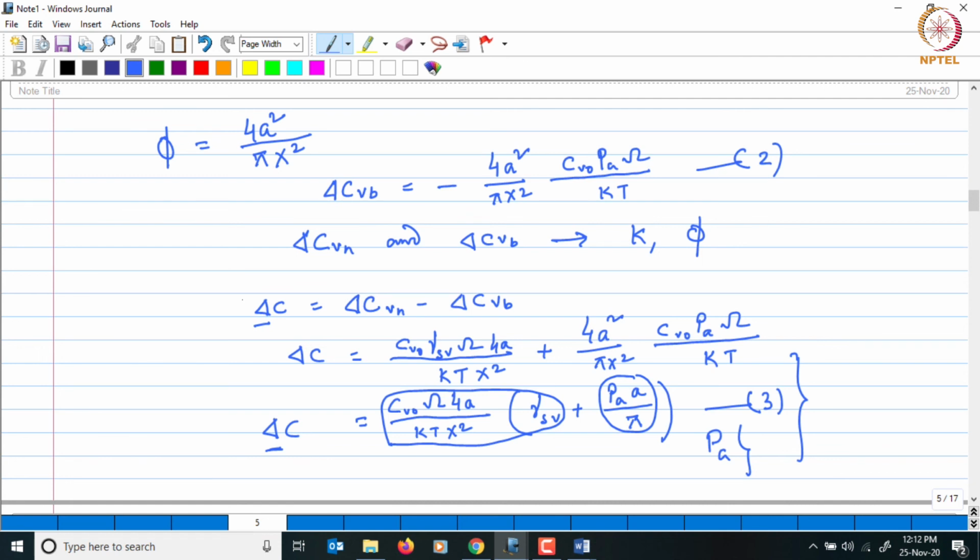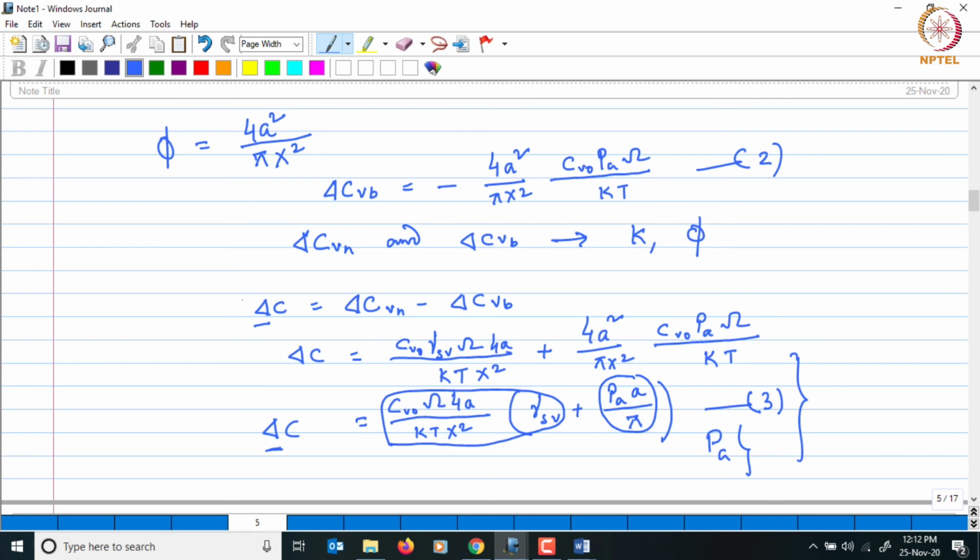And that is how the densification is enhanced in case of hot consolidation, which is done under the application of an external pressure. So the other parameter here in case of the hot consolidation is the temperature, because as I said before, temperature and pressure are applied simultaneously in this case, right? So the effect of pressure we have seen with the help of this vacancy concentration. Now we'll have to look at the temperature, because it's a combined effect of both.